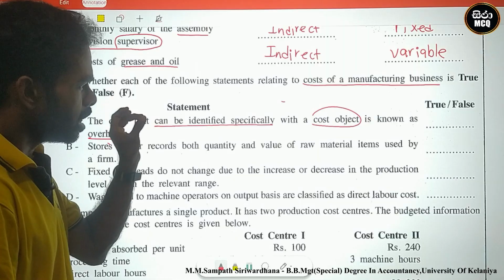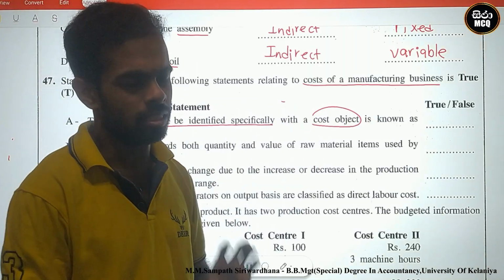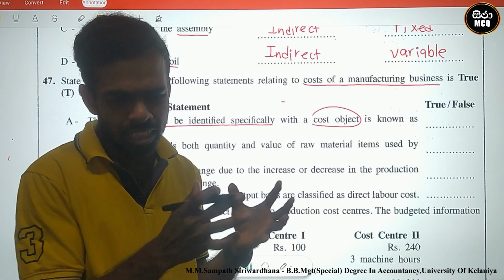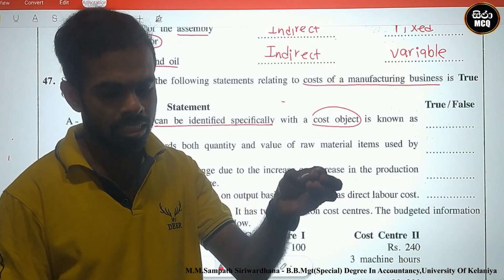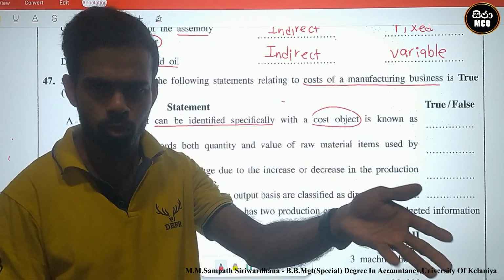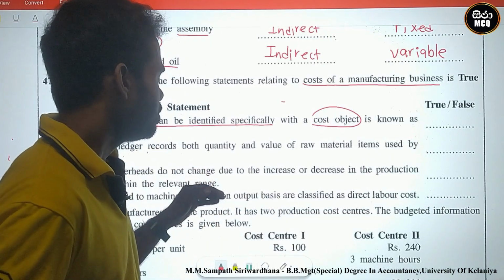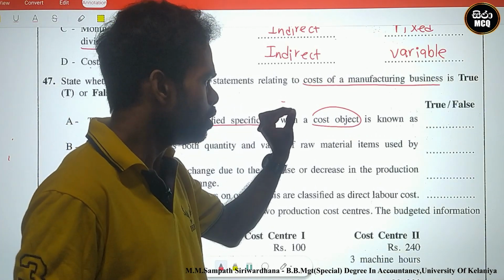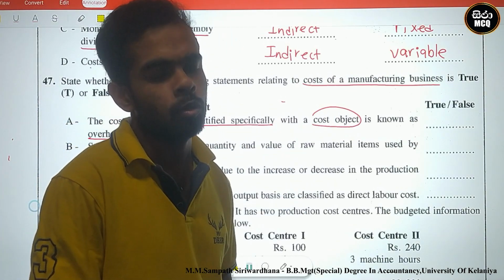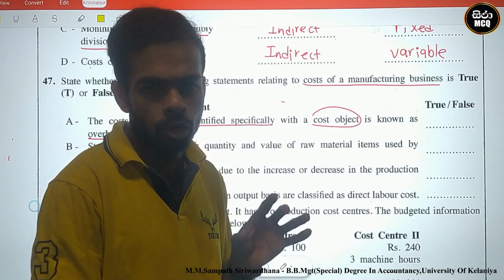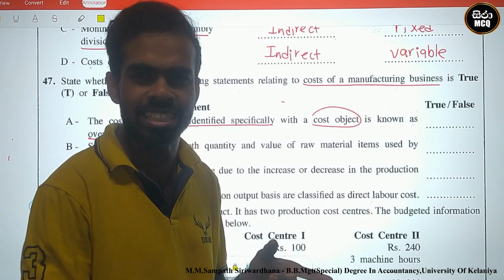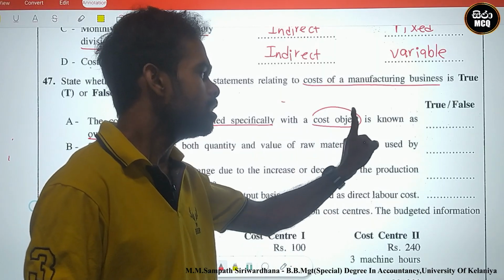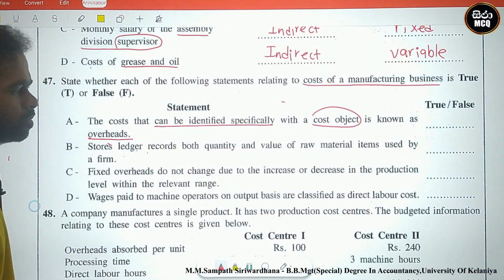There is an engine cost, and we can directly identify why the engine was included in the motor bicycle. That can be identified specifically with the cost object. Cost object means product, the motor bicycle.